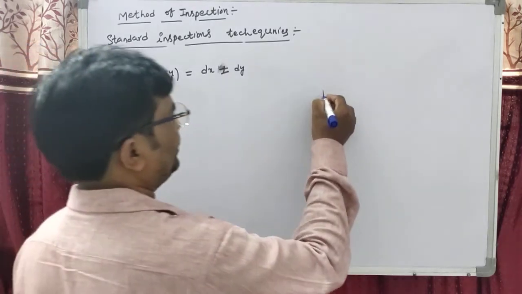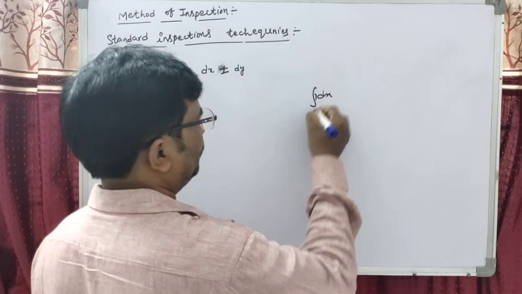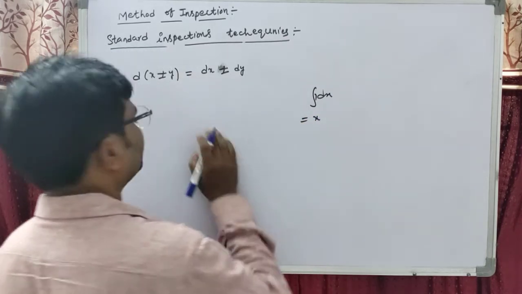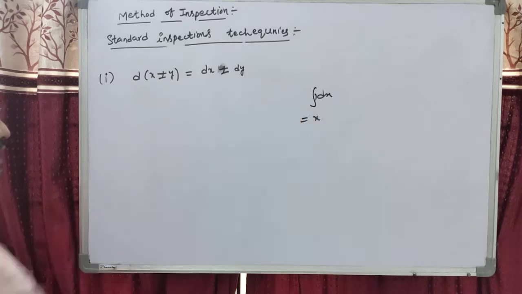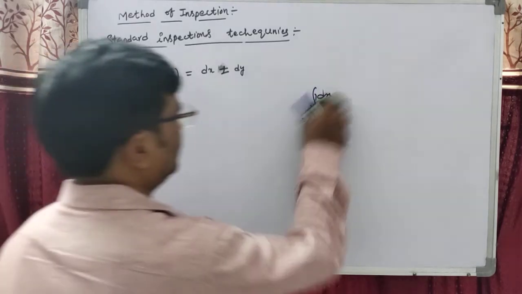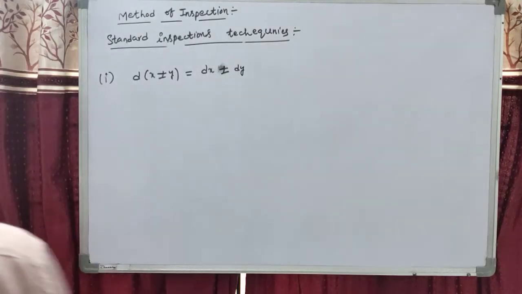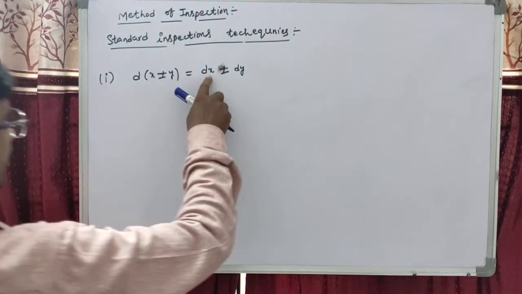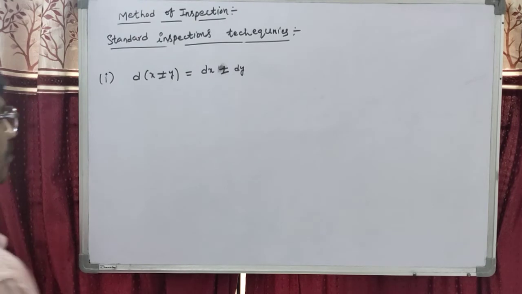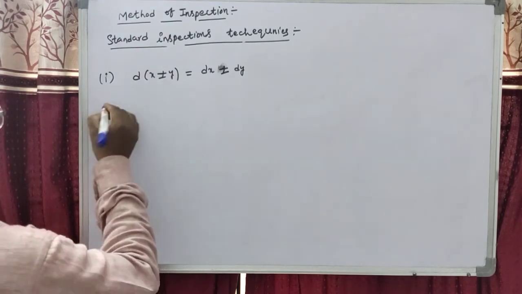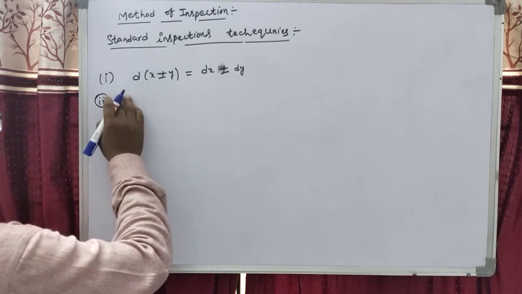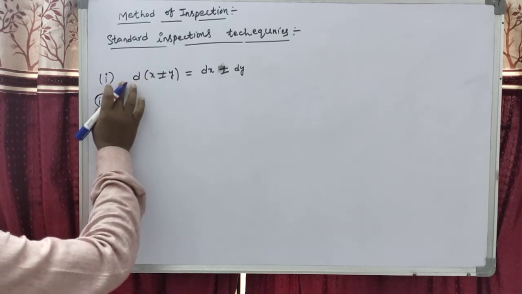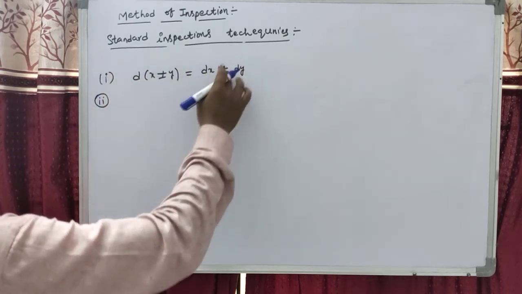The derivative of x is dx, and when you apply the integral, the derivative and integral cancel, directly we get x. So the derivative of x plus or minus the derivative of y, you can write as the derivative of x plus or minus y. This is the dx, this is the dy.